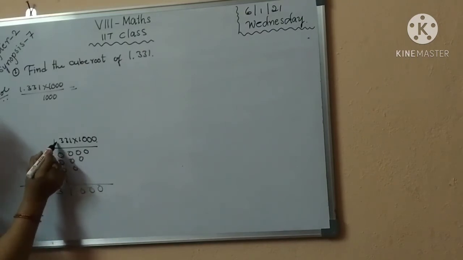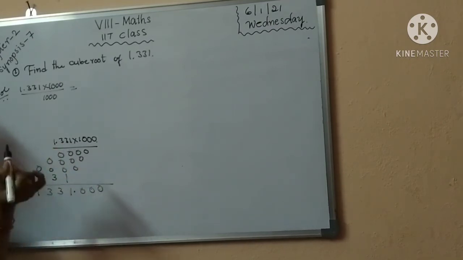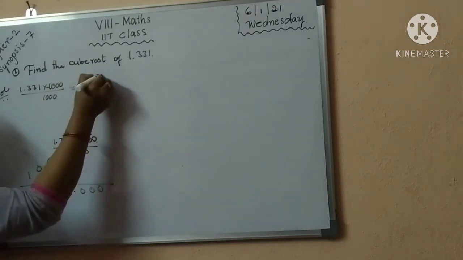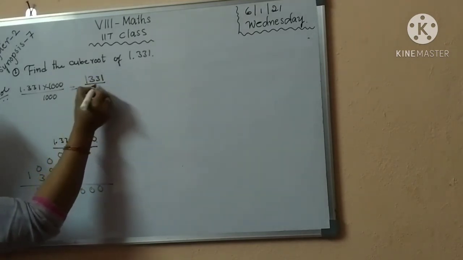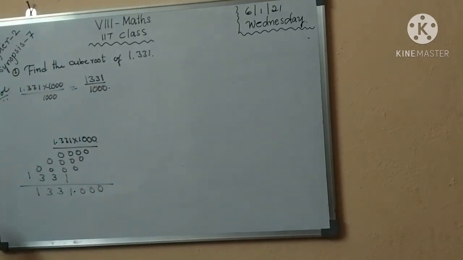How many digits after the point? 1, 2, 3. So keep the point there. That is 1331 by 1000. Then now we start the cube root.